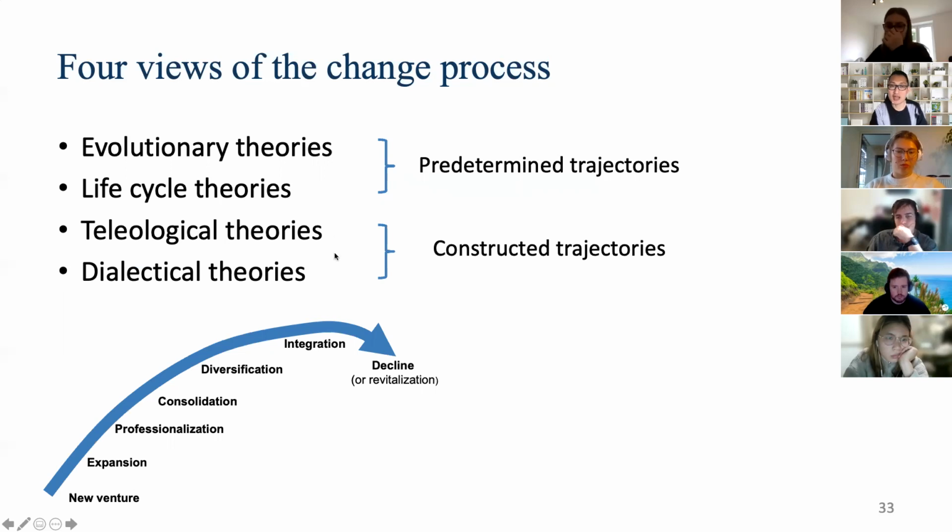And the other 2 views are, the first is teleological theory, meaning that the change has a certain purpose, right? There's a difference from the evolutionary theories on why humans exist in the world. Some of the creationists, the people who believe in God, have this teleological theory of why humans exist, because God wants human beings to be there.